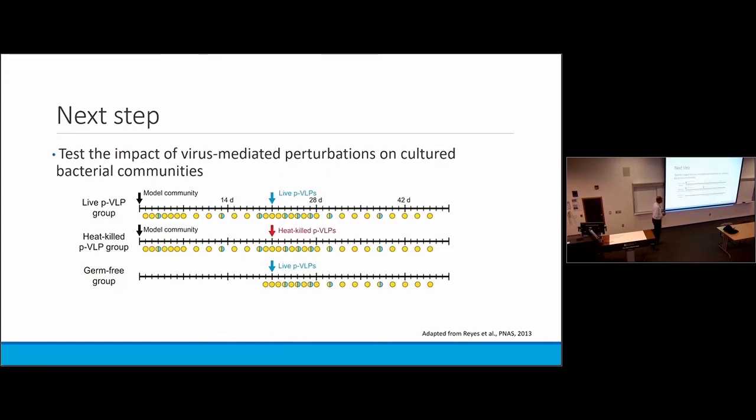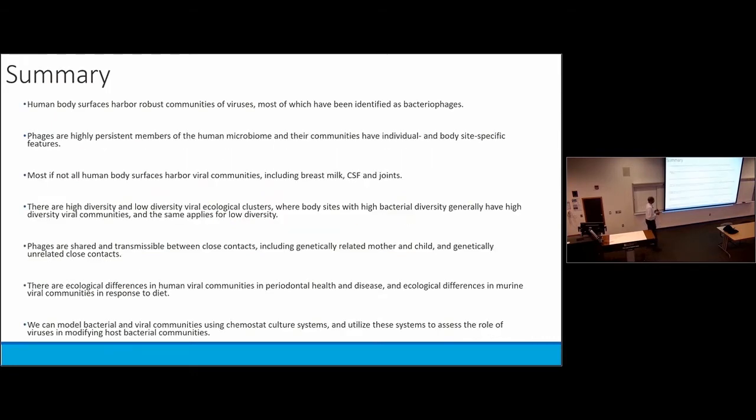And that's sort of what we've planned to do, but we're early on and don't really have any results from any of those experiments. So in summary of all the things that we have mentioned today, we know that human body surfaces have these really robust communities of viruses, most of which we identify as bacteriophages.